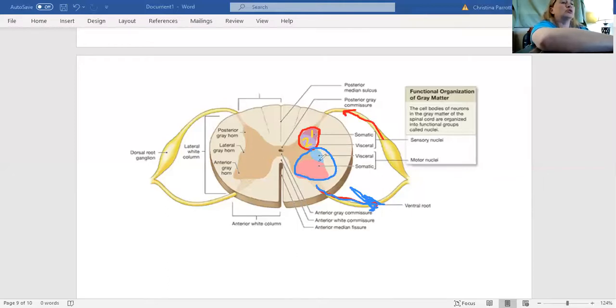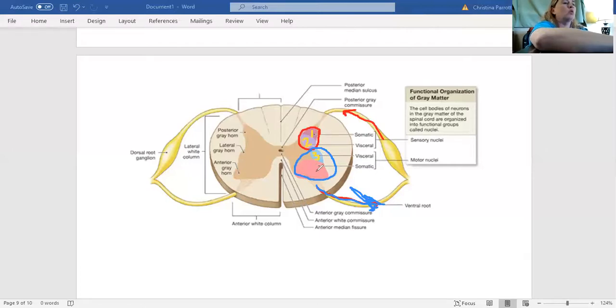Now let's go down to the ones that are closer to the ventral root. Number 3 here is closer to the ventral root, so it's going to be motor nuclei, but it is more to the inside of the gray matter, so it's going to be visceral. So it's going to be motor visceral nuclei, or visceral motor nuclei.